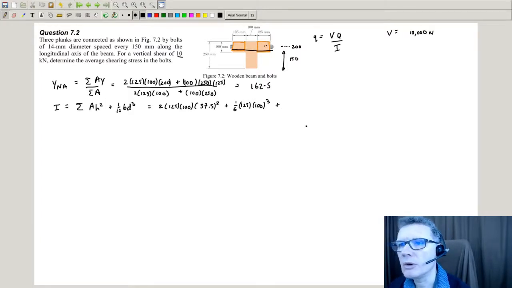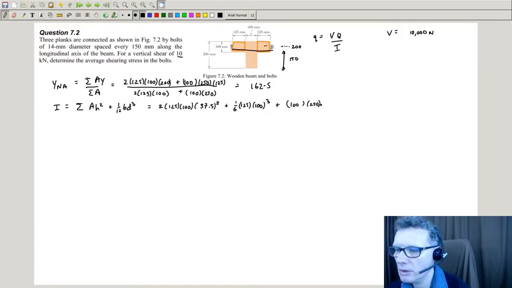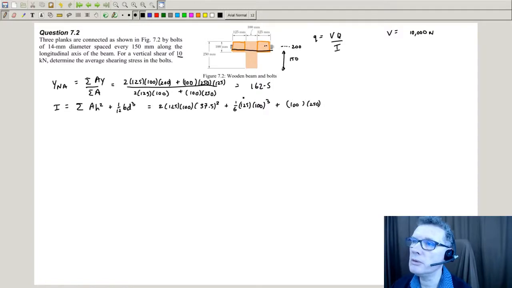Now for the middle column, so its area is 100 times 250. Its h is going to be what? Well, I'll take the 250, divide it by 2. So that gives me 125, so that's the middle.